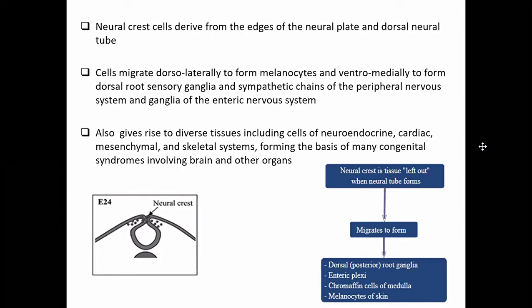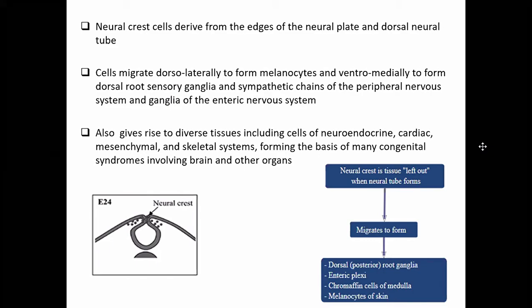So you can see that from neuroectoderm, again, it becomes stem cells, then it becomes your neuron. And this neuron, the cells migrate to become melanocytes or sensory ganglia and sympathetic, peripheral nervous system, as well as the ganglia of the enteric nervous system.